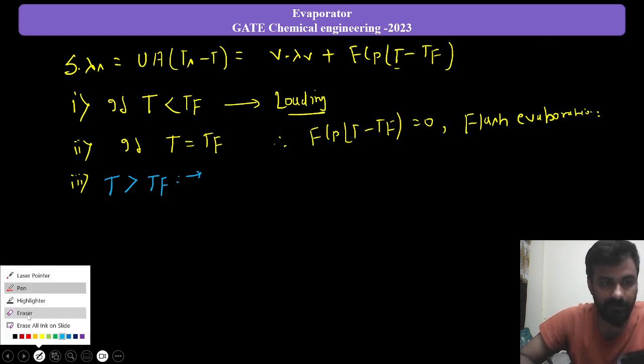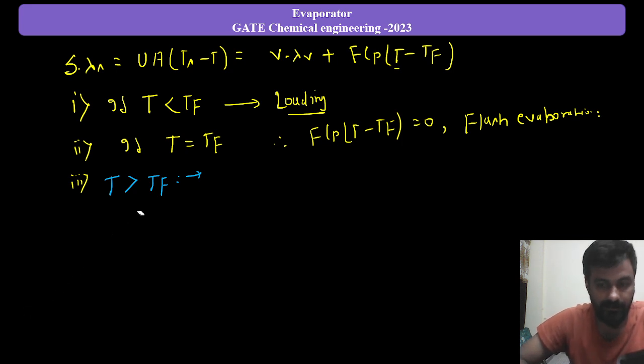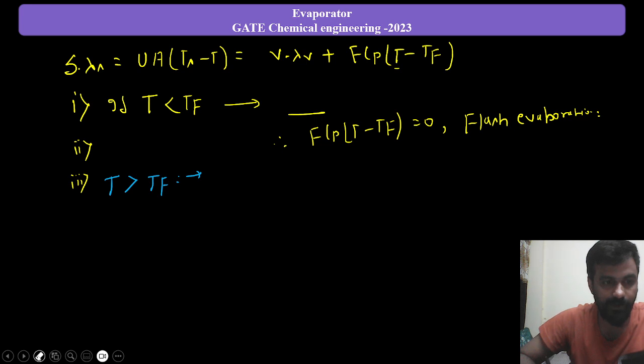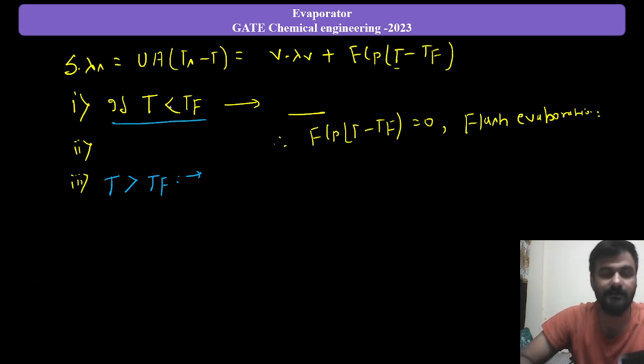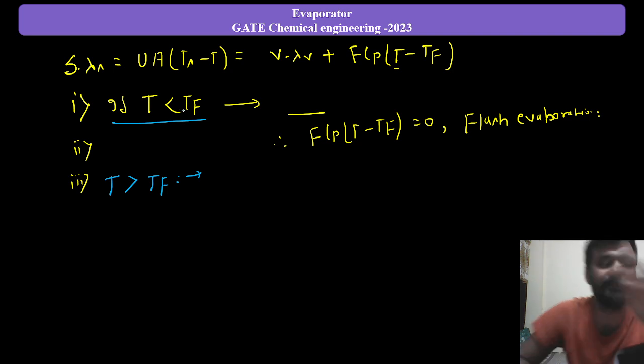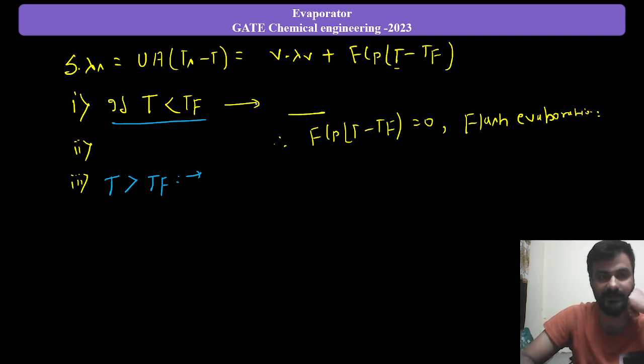Sorry, here I have made one mistake. If T is less than Tf, since the solution's boiling point is less than the feed temperature, as soon as you feed into the evaporator, the feed will get evaporated.